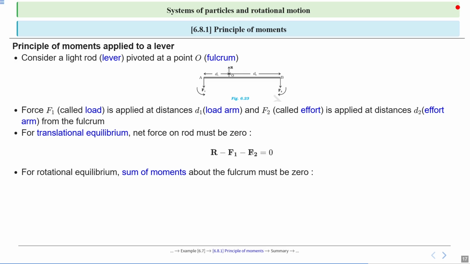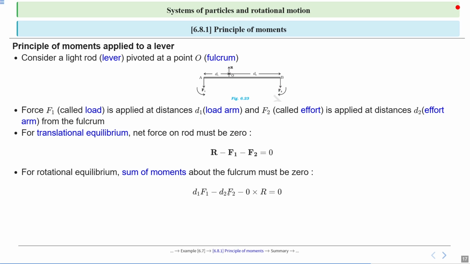For rotational equilibrium, the sum of moments about the fulcrum must be 0. So it will be D1 F1 minus D2 F2 minus 0 into R equal to 0. Here we choose a light rod.